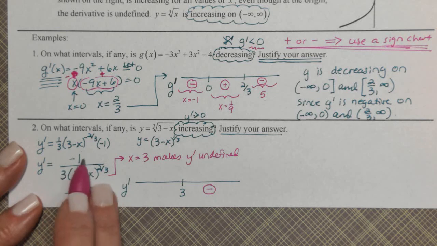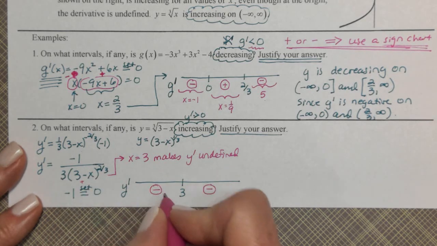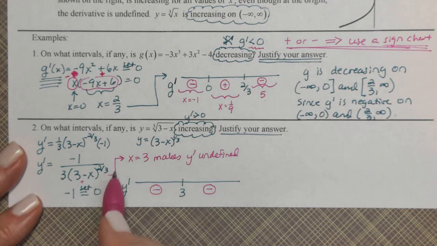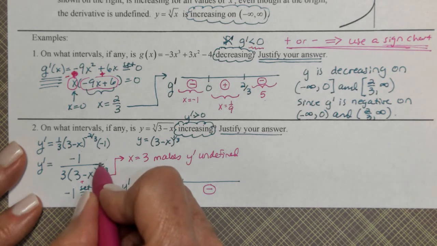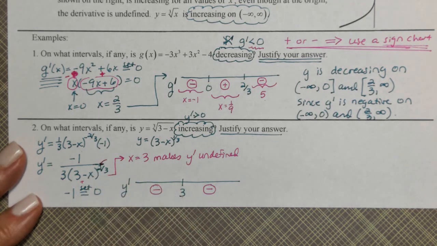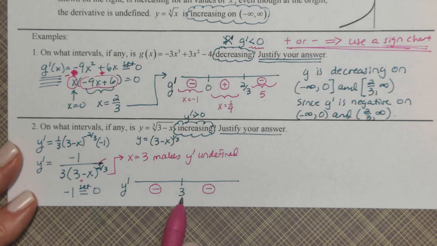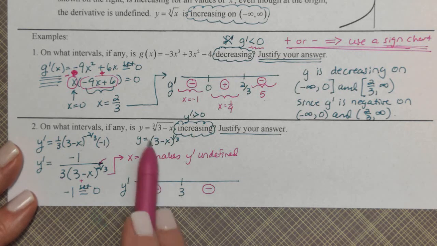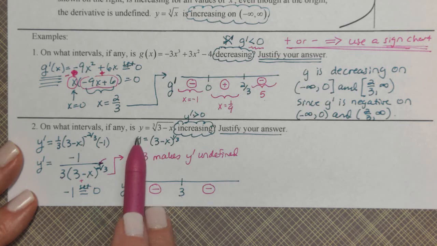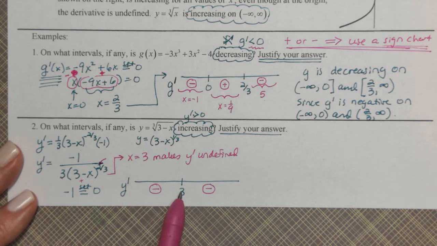We are still negative. Notice too that this 3 did come from an even-powered root. That 2 makes it an even power, so we are not going to change signs around it. Okay? So this function, y, has a derivative that's negative until 3 where it's undefined. Then the derivative continues to be negative.